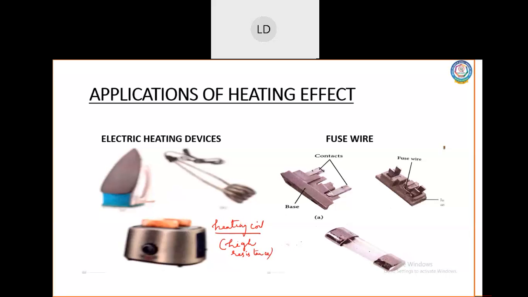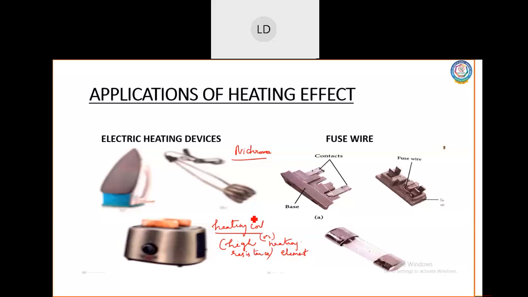What is this resistance made up of? It is made up of an alloy called nichrome. Nichrome is a combination of nickel and chromium. Almost all electrical appliances have nichrome as a heating element. The heating coil, or heating element, is made up of nichrome.